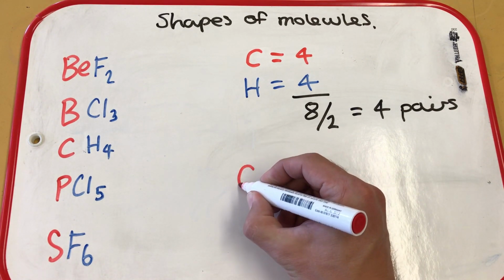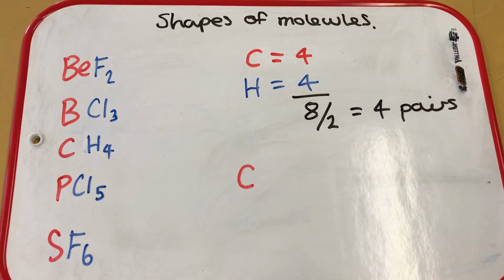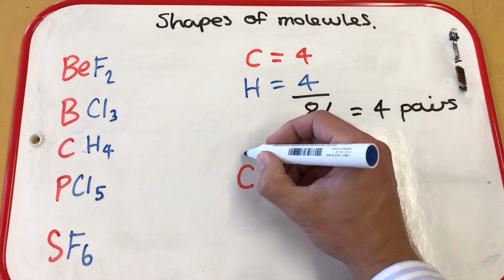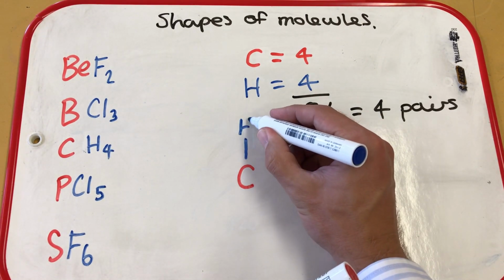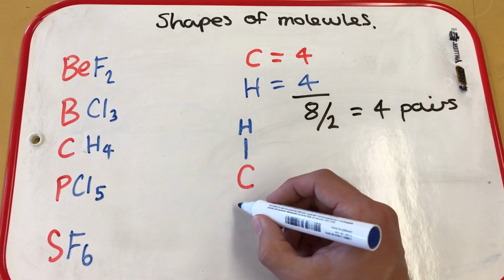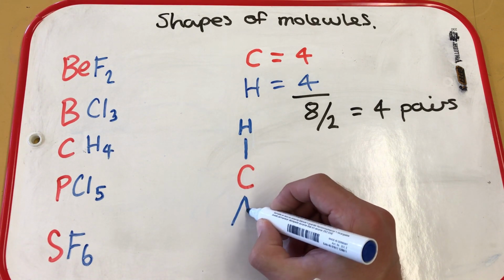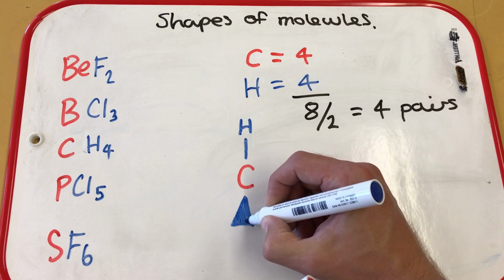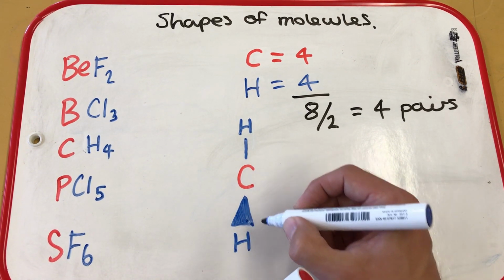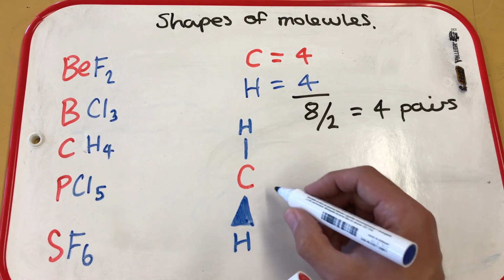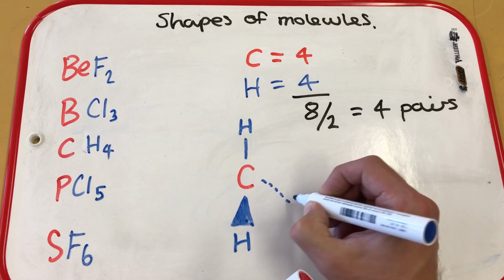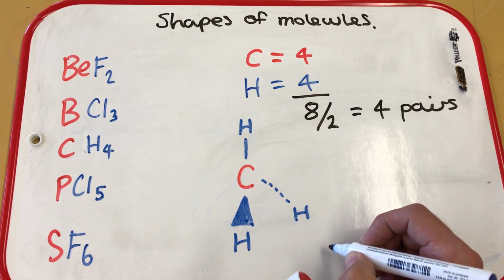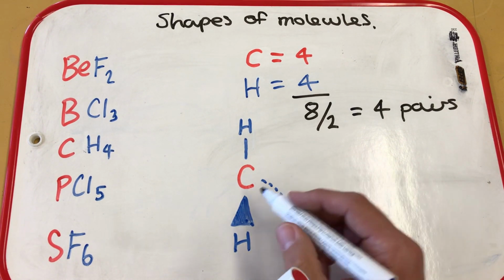We have our carbon in the centre here. We have a hydrogen up here, flat on the board. We have another hydrogen. This time we need to draw a triangle to show that this hydrogen is coming out of the board towards you. There is another hydrogen here going away from you. The dotted line means it's going away.